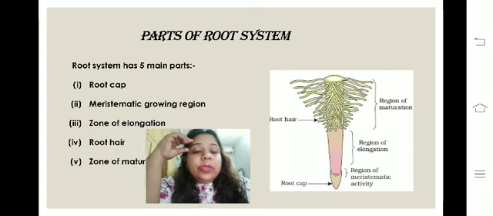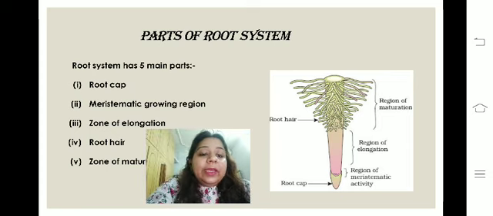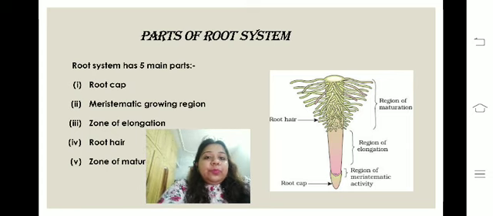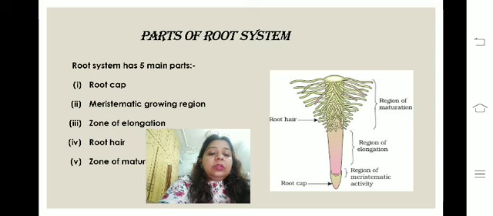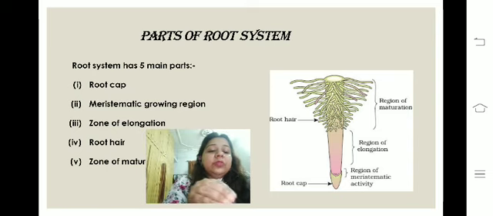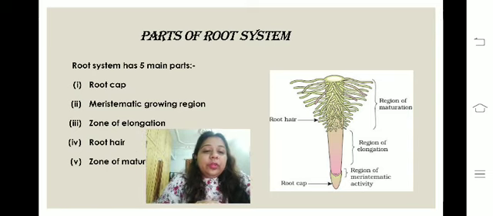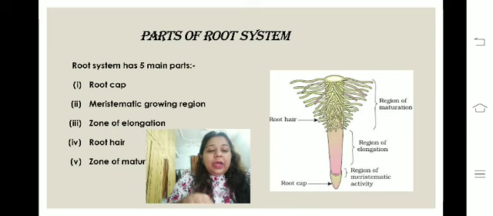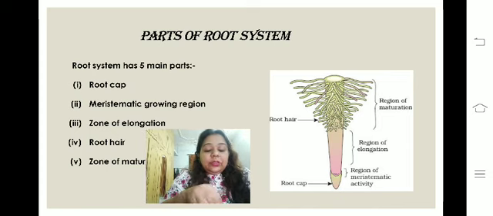So what happens in the root cap? The root cap is a parenchymatous multicellular structure which protects the root apex. Its main purpose is to protect the root, because it is deeply penetrating in the soil, and it is the part through which the roots are intact in the soil.